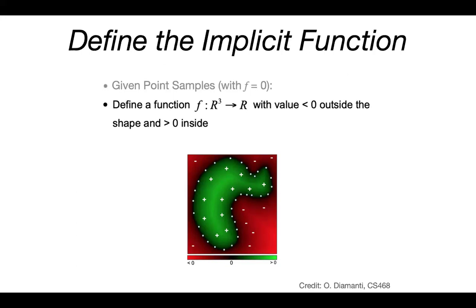If you want to train an indicator function, we can give a value that's arbitrary. It just has to be greater or less than 0. But if you are training a signed distance function, you have to give the true distance. We are going to see examples of both further on in the lecture. So you define that function based on the other values. Here you see plus and minus.